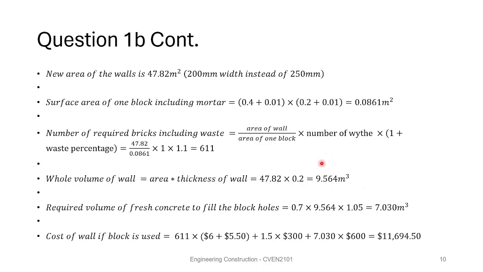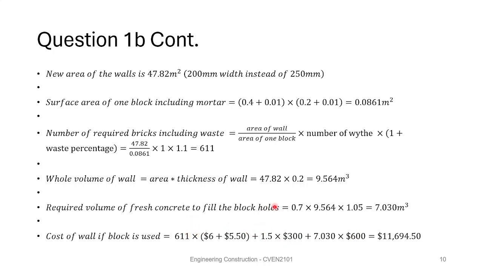The point of this bit over here is to calculate the amount of fresh concrete required, which is 0.7, so the blocks are 70% empty. So you just do it that way. And then you need 5% extra for waste. So now you have the volume of concrete over here. You can just calculate how much concrete is needed, and then you add the cost for each block of concrete.